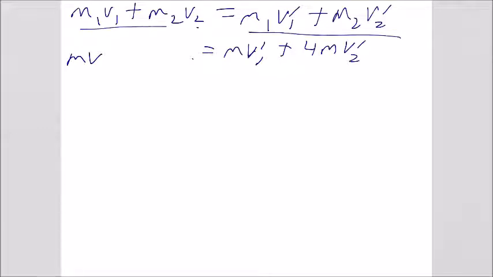Now we can solve this for either v1 prime or v2 prime. I'm going to solve it for v1 prime. So I'm going to subtract 4m v2 prime from both sides. I'm going to divide both sides by m.